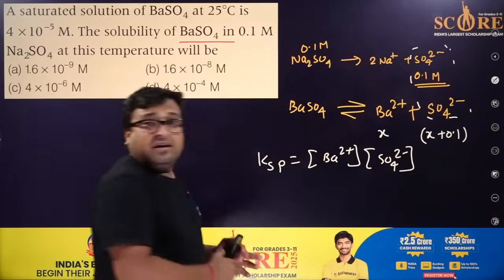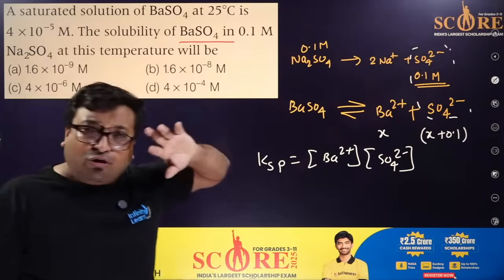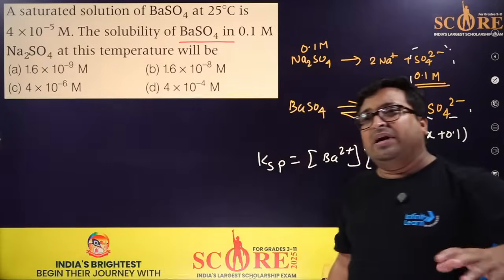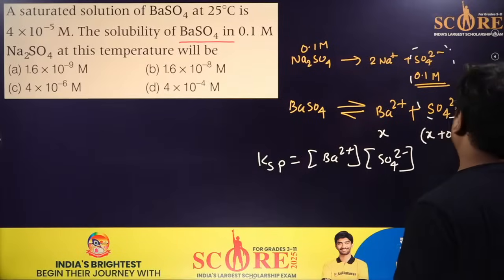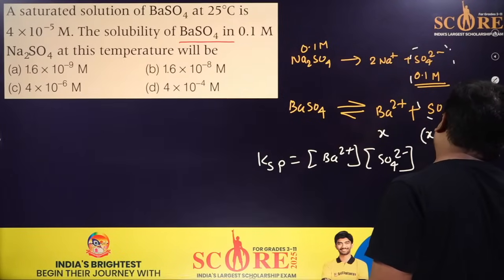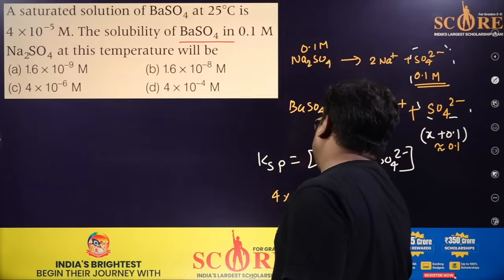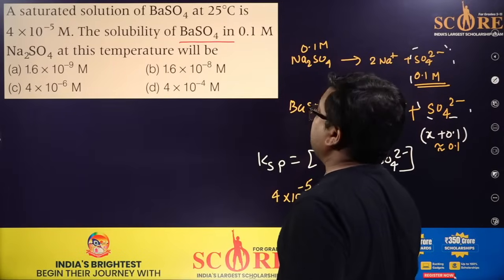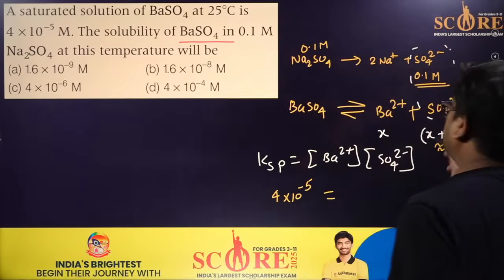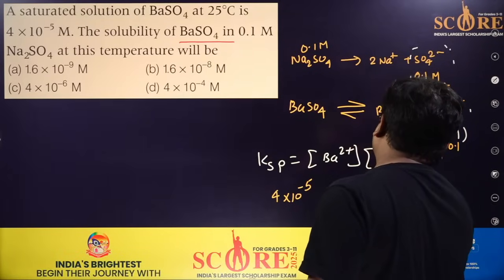Its solubility is already very low, and due to the common ion effect it reduces again. So in this case we can treat the sulfate concentration as only 0.1, since X is very low. So 4 into 10 to the power minus 5 equals X into 0.1.